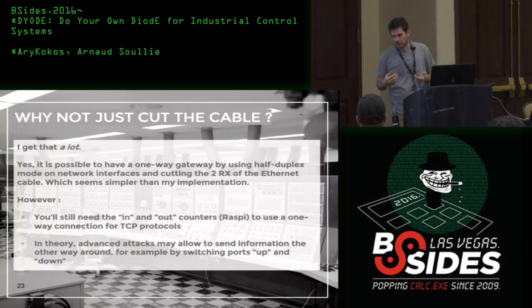So actually using light as the medium is the only thing that ensures that there is no back communication. But you can build a working solution secure enough without the optical copper converter. That's one option.